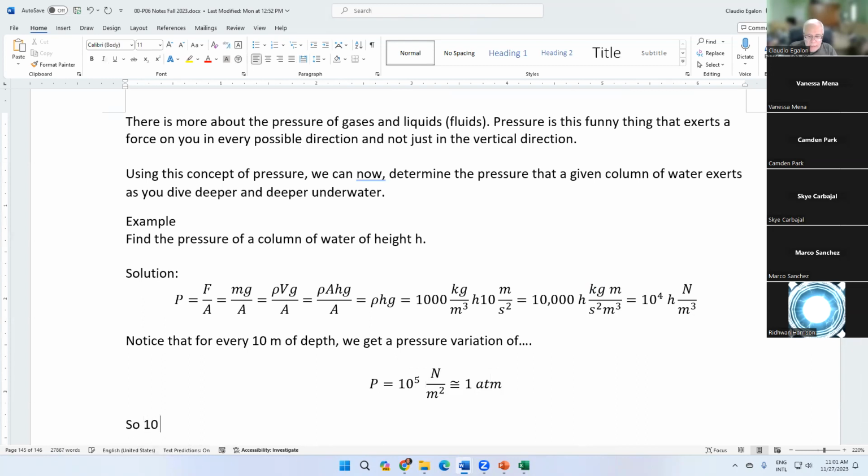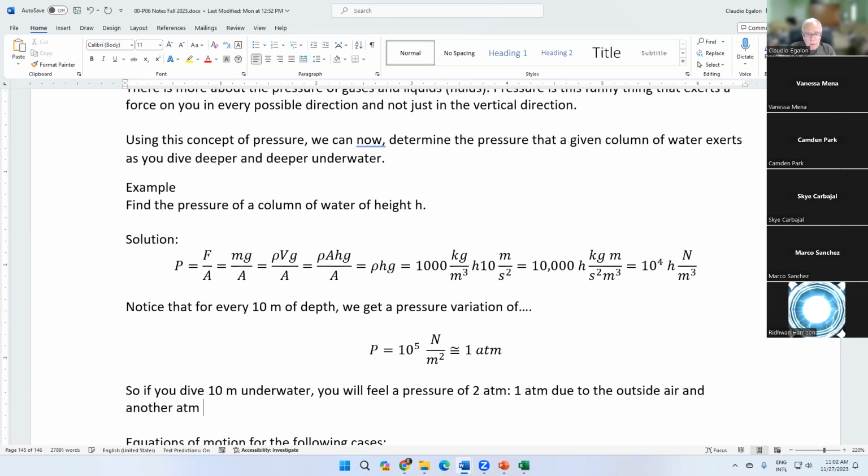So if you dive 10 meters underwater, you will feel a pressure of 2 atmospheres. Okay, 1 atmosphere due to the outside air, and another atmosphere due to the water pressure.